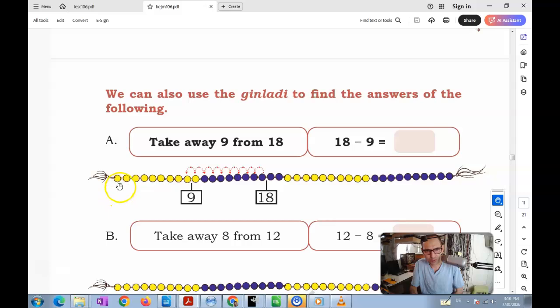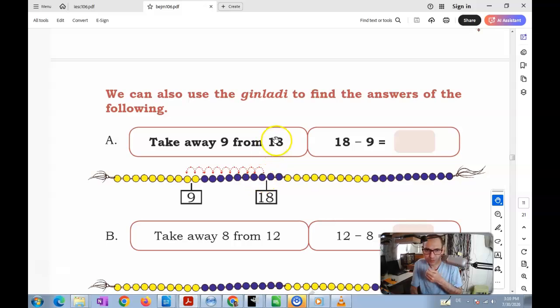Or suppose that you want to take away 9 from an 18. So you will essentially count all the way up to 18, which is a 10, and then that's a 3, 6, and 8, so that's an 18, and then you put your mark basically after the actual bead, which is right over here. So this is the actual bead that represents the number 18.